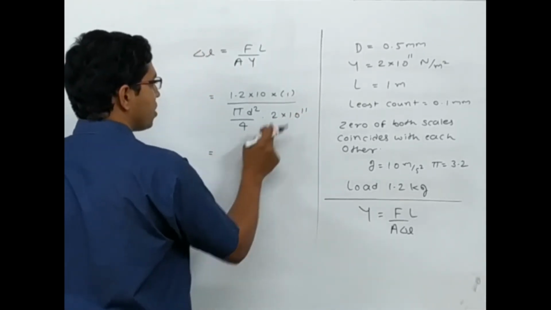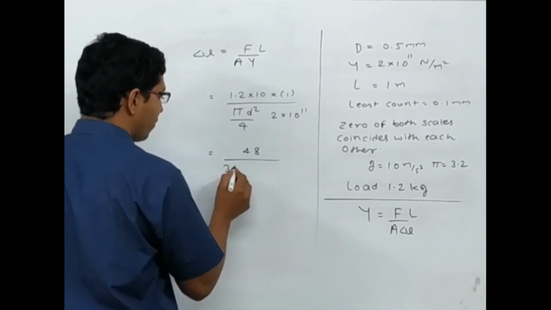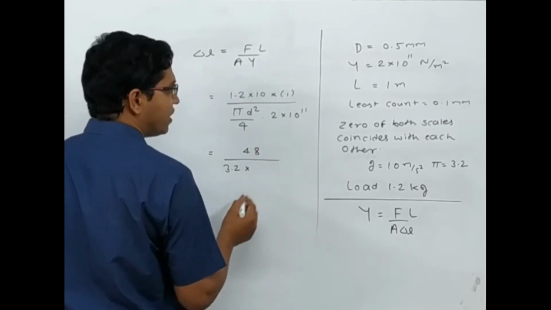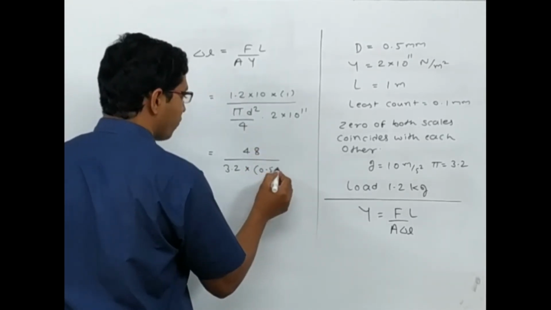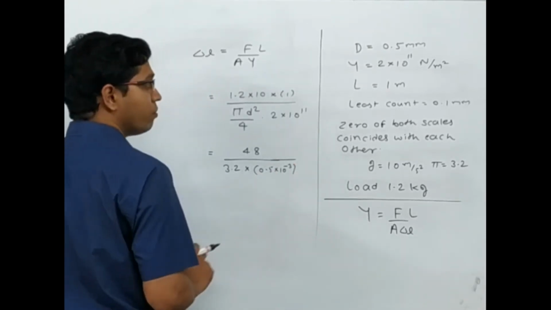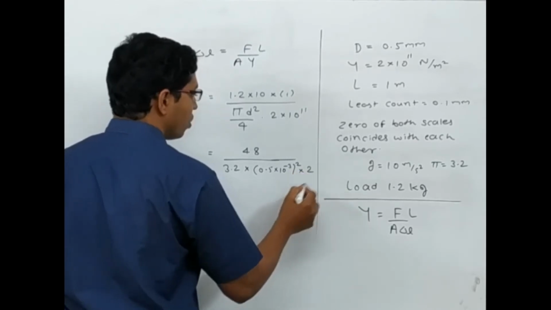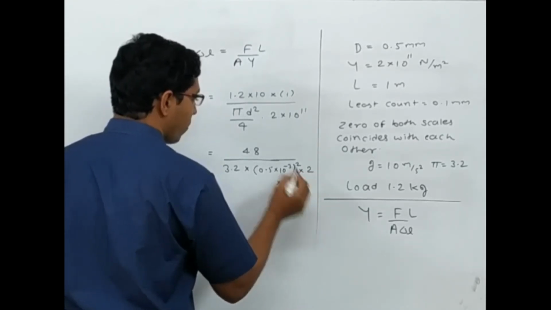If you solve this, this 4 will go up and this will become 48 upon pi. We have to take 3.2. This d is nothing but 0.5 into 10 raised to minus 3. This is millimeter to meter conversion, its square. And this is 2 into 10 raised to 11.